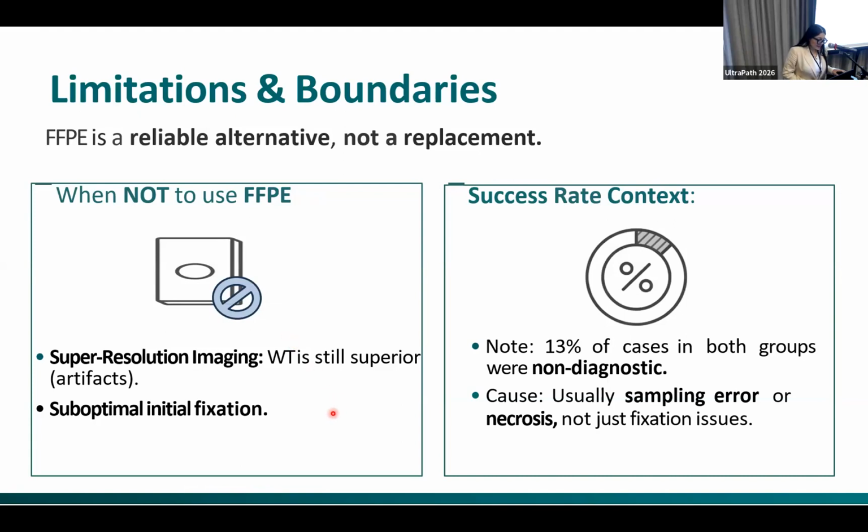And in other cases, when the initial fixation was suboptimal, it's impossible to make an adequate diagnosis. And well, the most common causes of error in this study were the suboptimal initial fixation, but also errors in the tumor sampling, or cases with extensive necrosis.